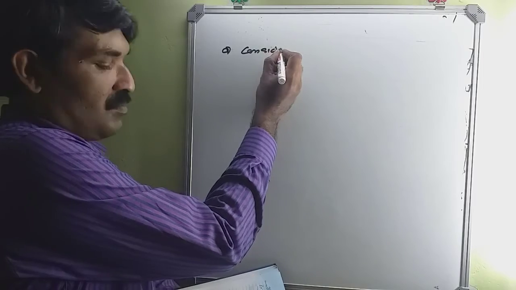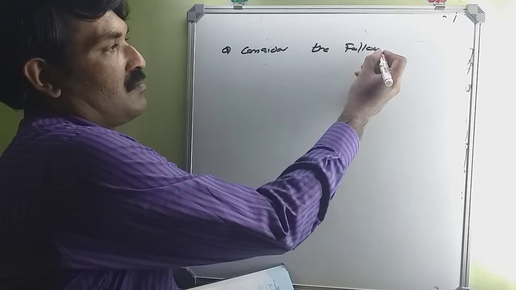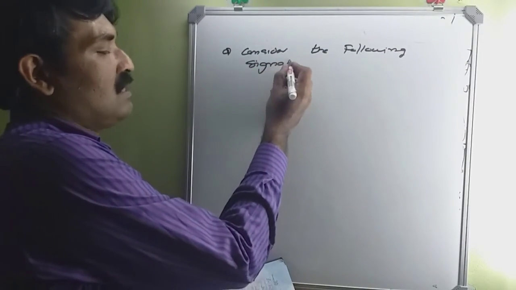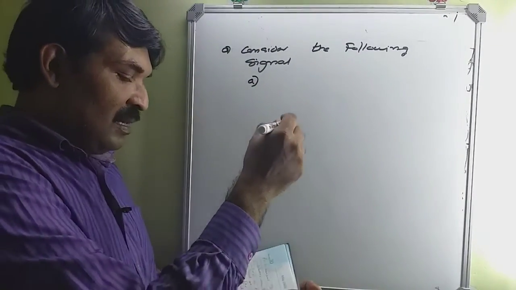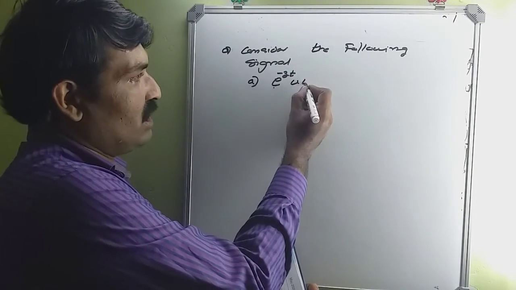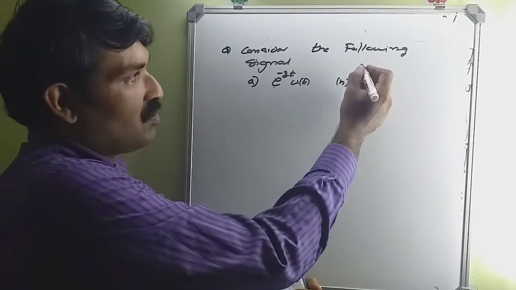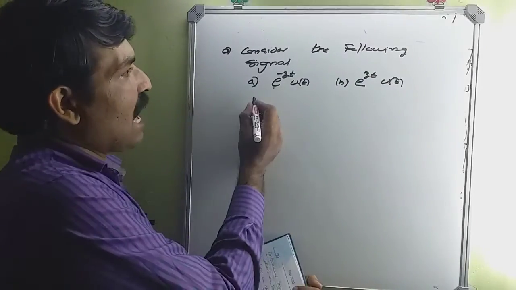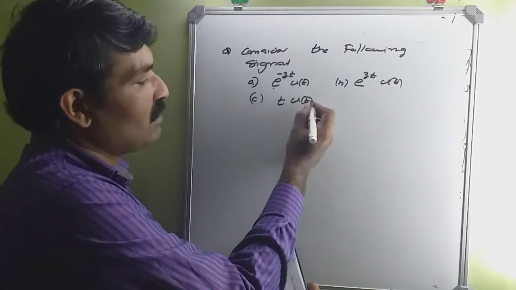Consider the following signals. A is e raised to minus zt into u of t. B is given e raised to zt plus zt u of t. And C is given t into u of t.